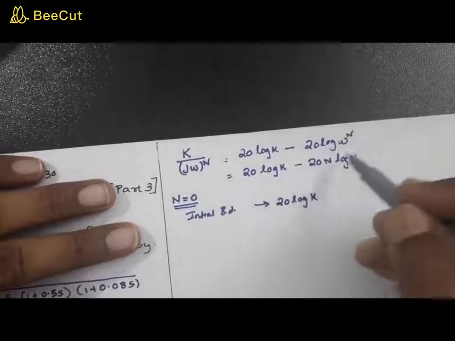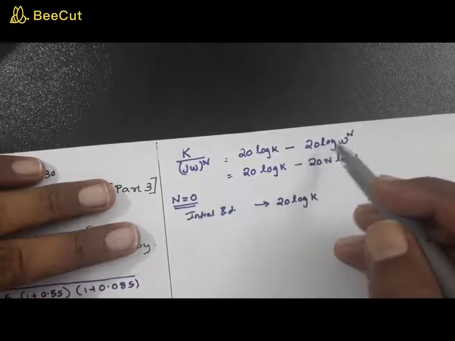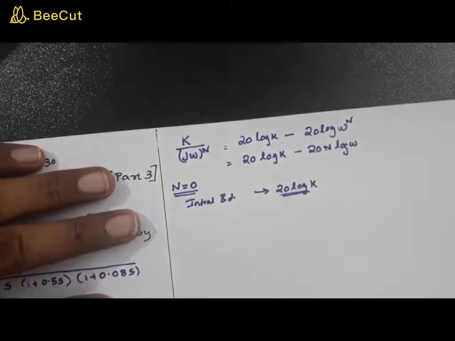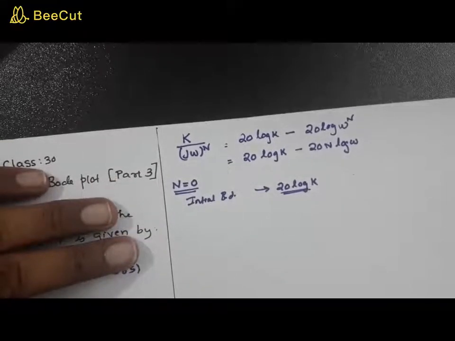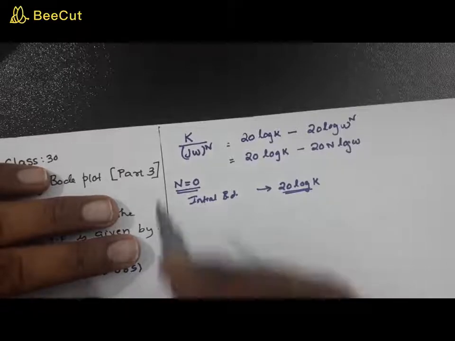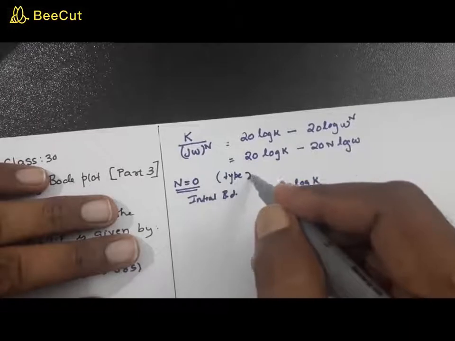You don't have to consider this because n is 0, so that means this is equal to 1. 20 log 1 is 0. So it is 20 log k. That is the initial slope of the Bode plot for a case of a type 0 system.